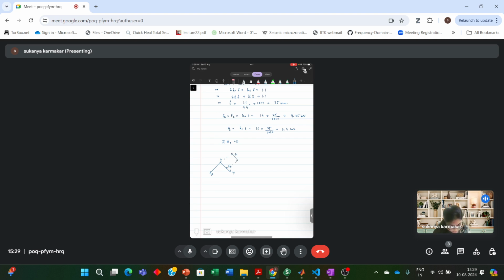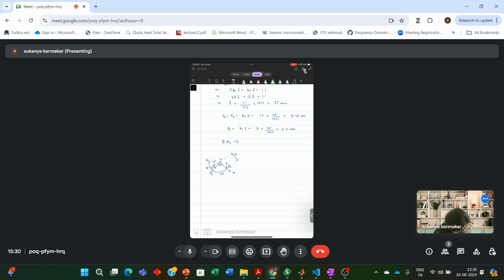Let me call this distance E. This angle is 90 degree, and one of the force A, this distance is 1 meter. At this point, you have the spring. Now all the forces are in the z direction. So here FA is also in the upward direction, FC is in the upward direction. This is point A, and this angle should be 30 degree because the total angle between the springs is 120 degree. So this angle which I just marked is 30 degree.